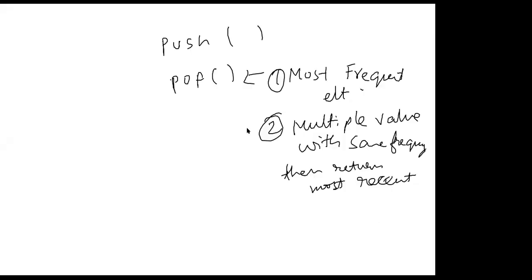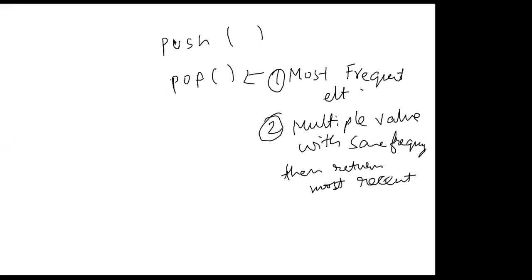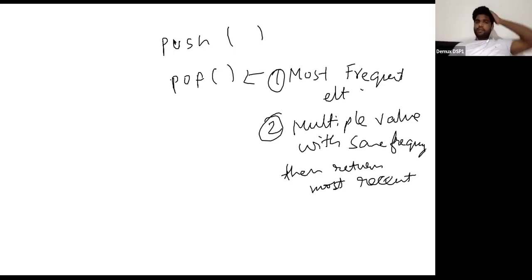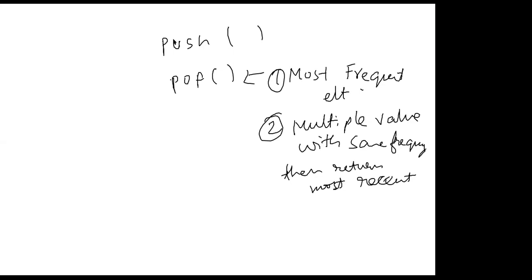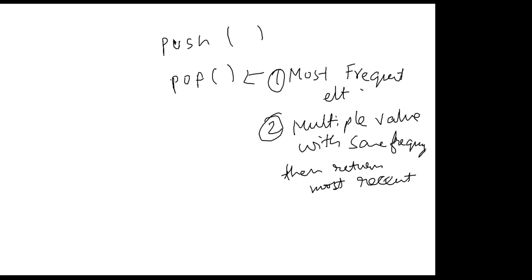Sir, we can use yesterday's bricks question approach, right? What will you do? Like we did a question yesterday, that bricks one. So you will choose the frequency. Okay, you have kept the frequency, then what will you do? Then for the maximum we will make one more stack.